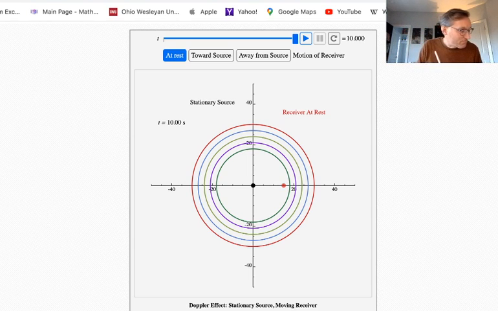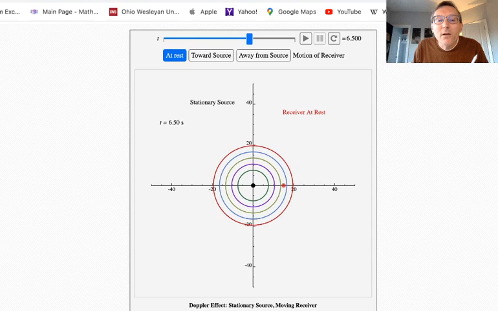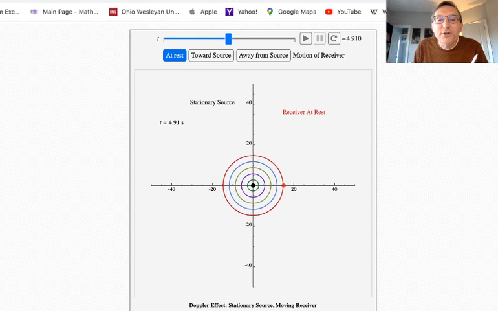All right, so I'm going to now adjust the time slider, and I'm going to try my best to bring it back to the case where the first wavefront impinges on the receiver. See it right roughly there. Now look at the time value. You can see it's almost 5 seconds. In fact, I'll tell you it's 5 seconds.